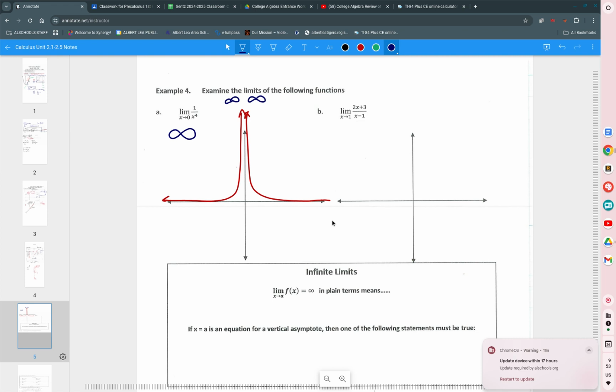In this situation, I know I have a vertical asymptote at x is equal to 1. I can see that it's undefined there, and I can also see that it does not divide evenly. If you wanted to go ahead and get the rest of the shape, you could type it into your calculator if you needed to.